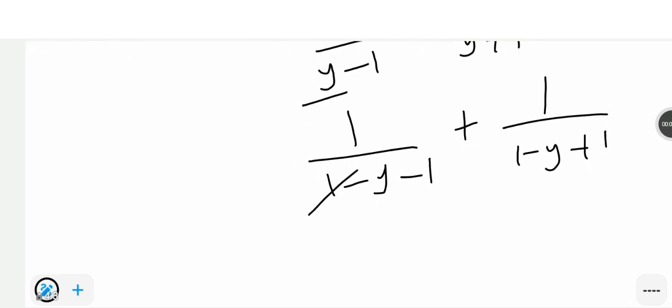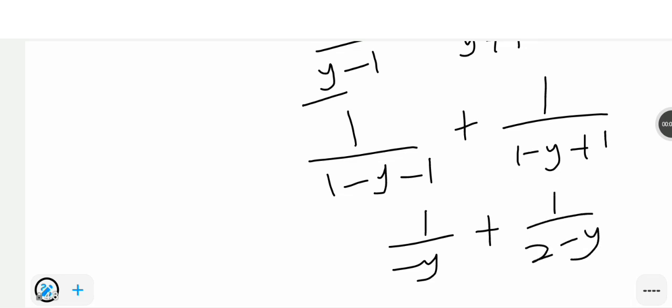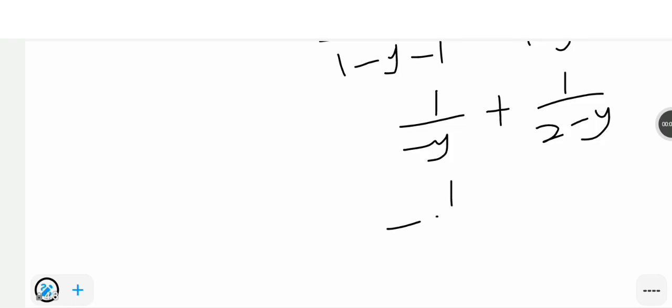So these two will cancel out. 1 minus 1 is 0. So you have 1 over minus y plus, 1 plus 1 is 2, 1 over 2 minus y. So you can write this as minus 1 over y plus 1 over 2 minus y.